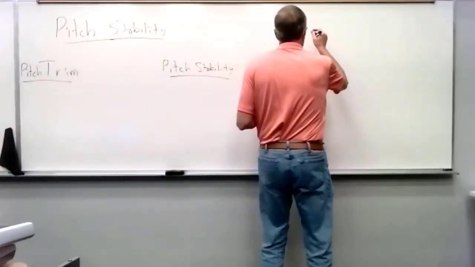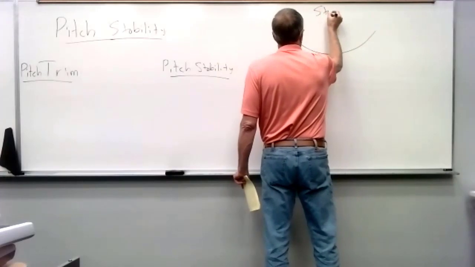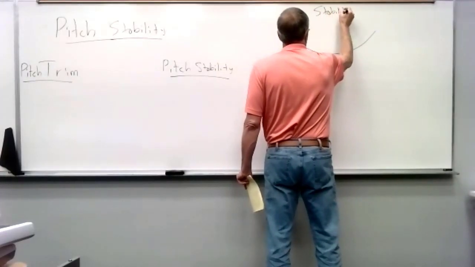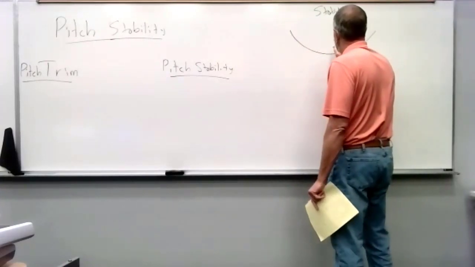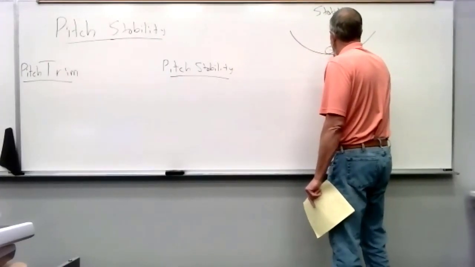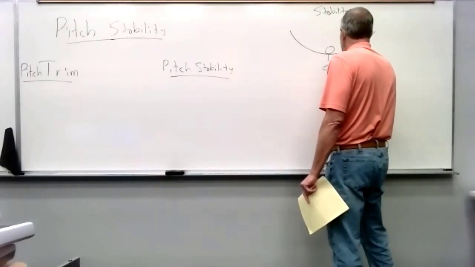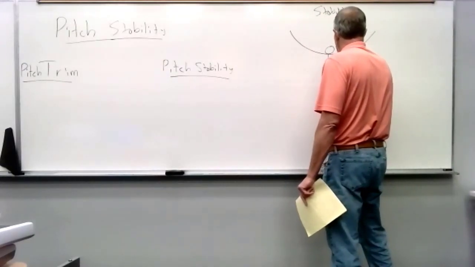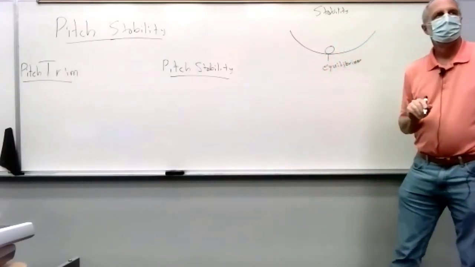So the classical picture that people draw for stability, really simple, is a marble in a bowl. So here's the marble, and it's at an equilibrium at the bottom.